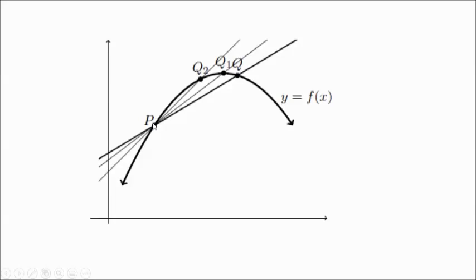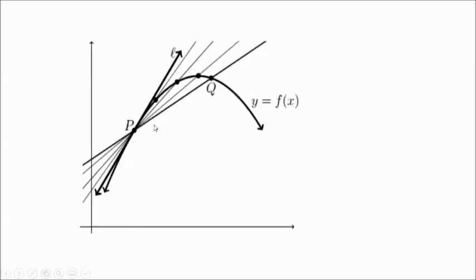Ngayon, kung papunta sa point na yon, there will come a time na there will be a limiting position of that line, of that secant line. So ito yon. Okay? So it's like yung from the word limit.